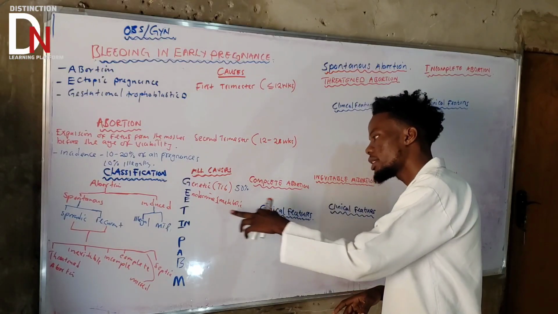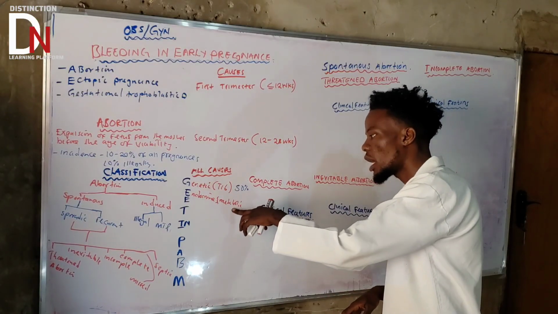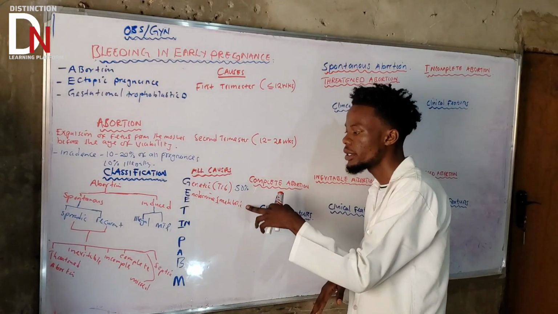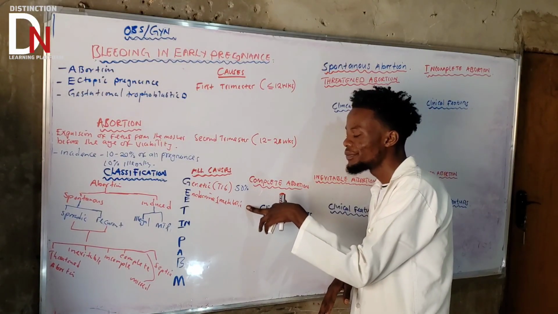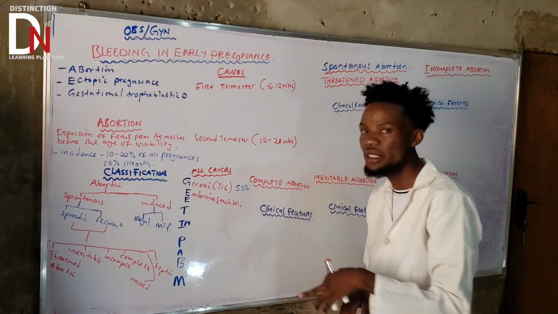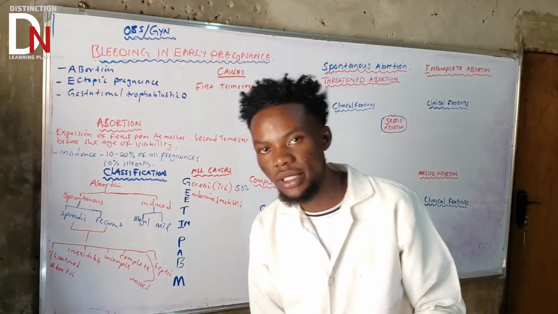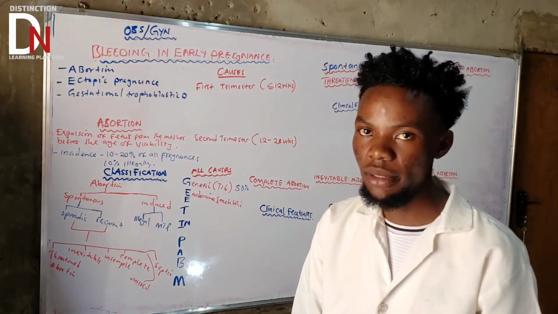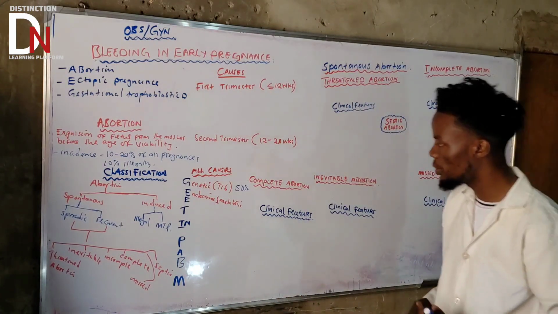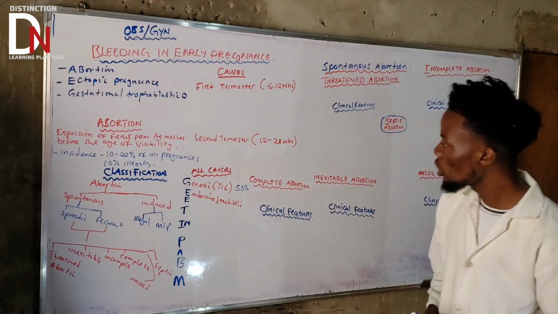What else apart from the luteal phase under endocrine and metabolic? You can also have thyroid disorders or thyroid defects. Either hyperthyroidism or hypothyroidism can cause abortion.